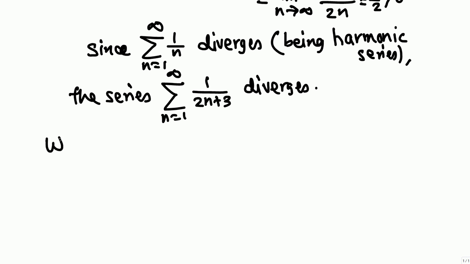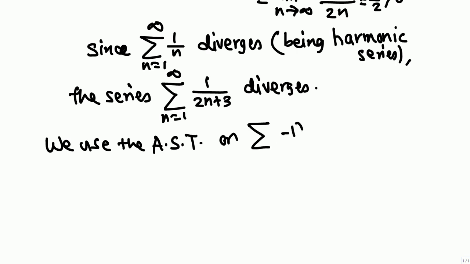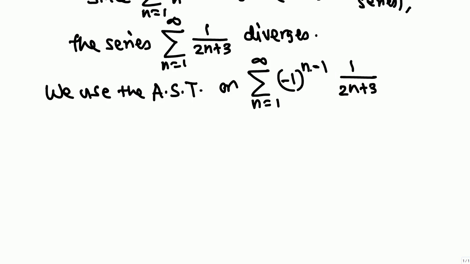We use the alternating series test on the given series, negative 1 to the n plus 1 times 1 over 2n plus 3, n from 1 through infinity. The negative 1 to the n minus 1 or n plus 1 doesn't matter. Let bn be 1 over 2n plus 3.